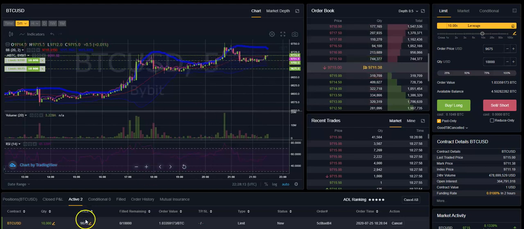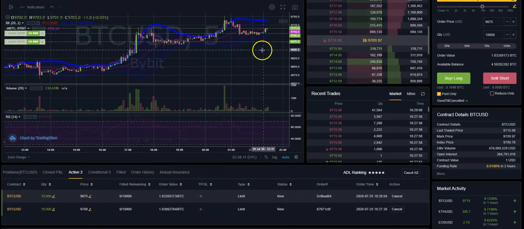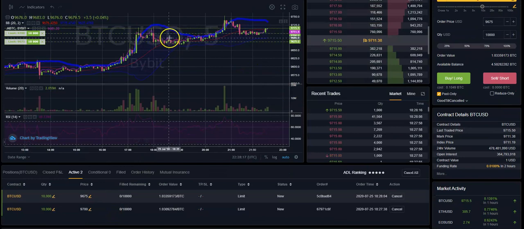They'll combine together as one order, and your new order will be right around, let's say, 9,687. So once the price of Bitcoin were to reach this and then start going above this point, you would then start earning profits from that point going forward.